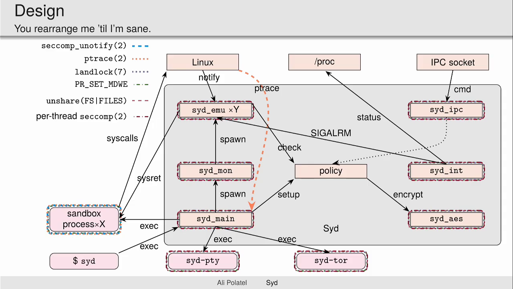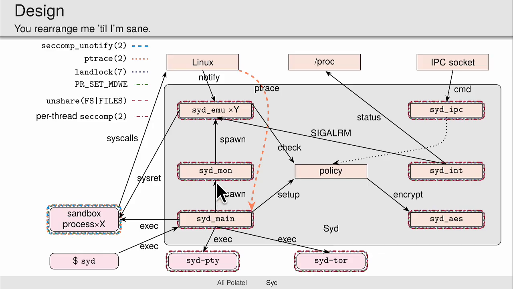Here is the design. This is a bit of a scary one, but I decided as much as I can to make it easy to understand, so bear with me just a bit. On the top left, you see the confinement: seccomp, unotify, ptrace, landlock, and so on. When SID starts, it will execute the main process, right? And then this process is going to set up the policy and then spawn a monitor process and also spawn the sandbox process.